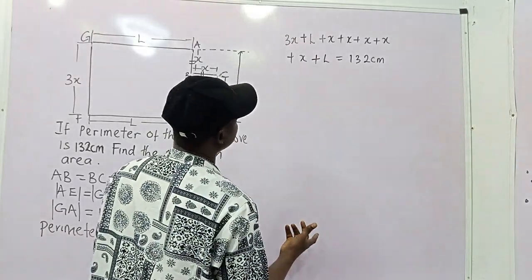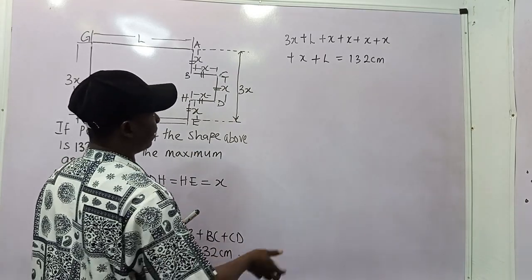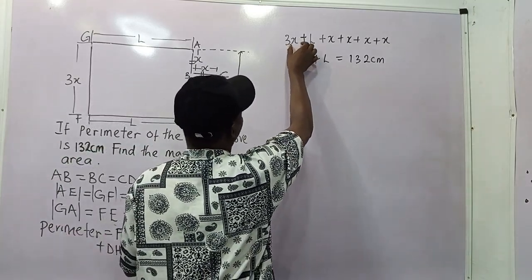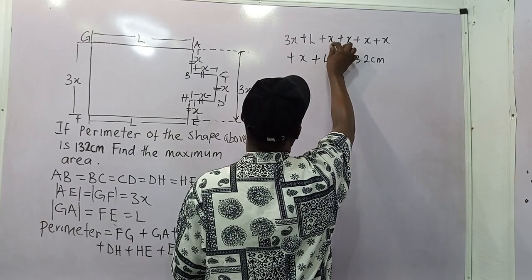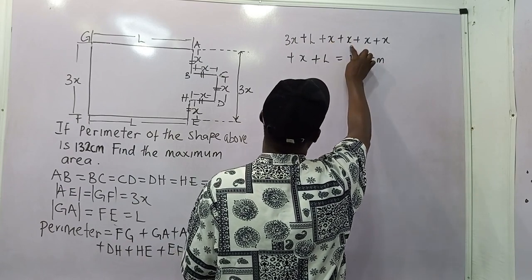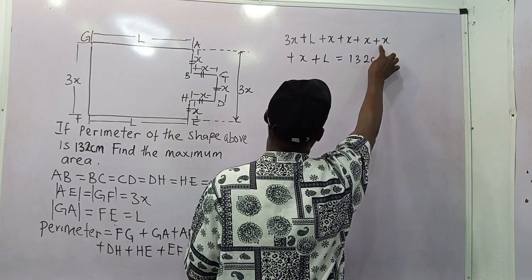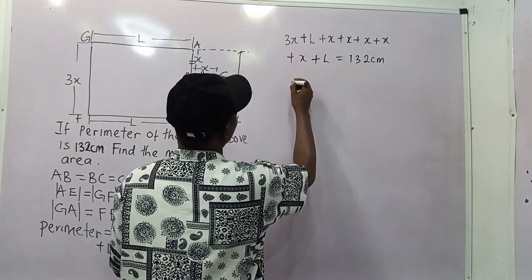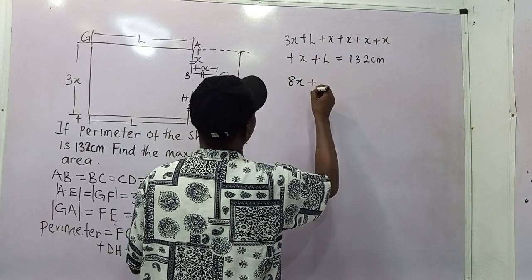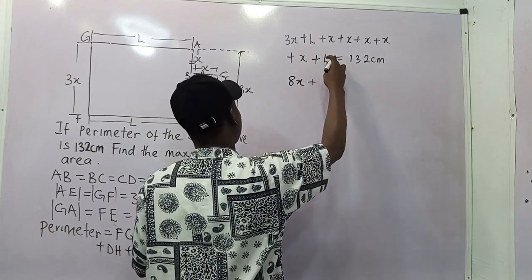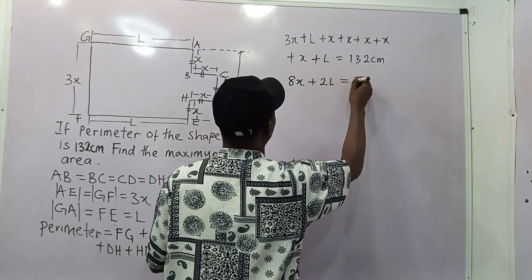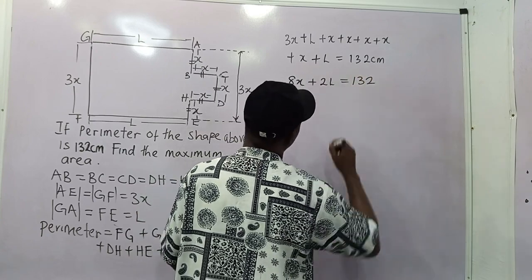Now, what we do is sum all these things together. 3x plus 5x gives 8x. So we have 8x plus L plus L, which is 2L, equal to 132.